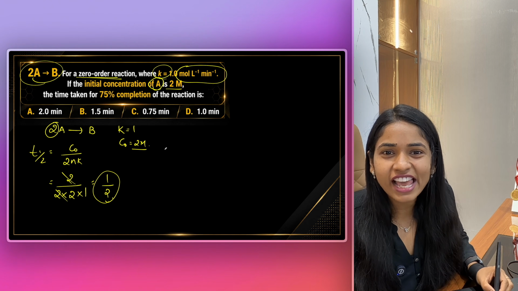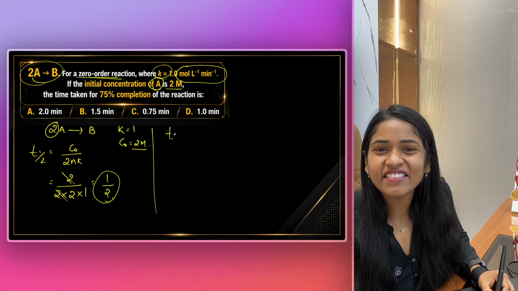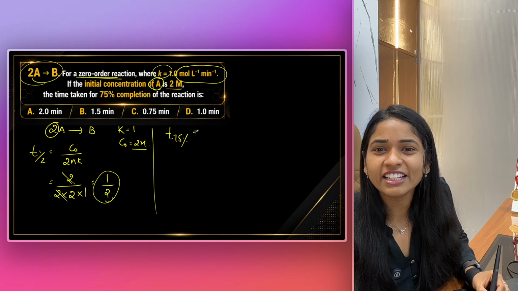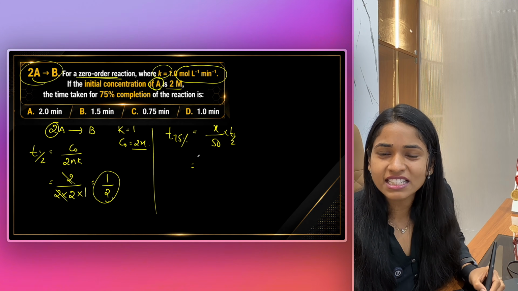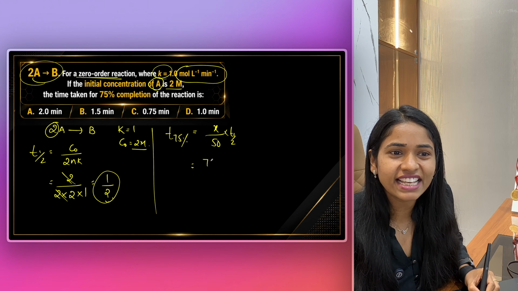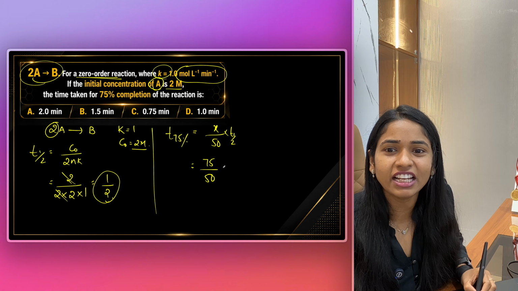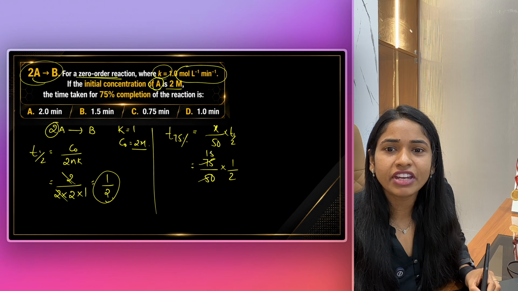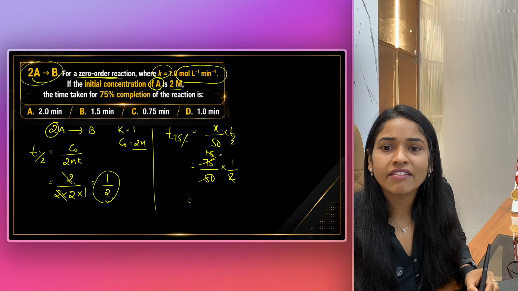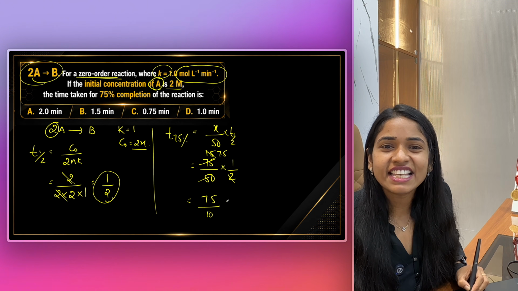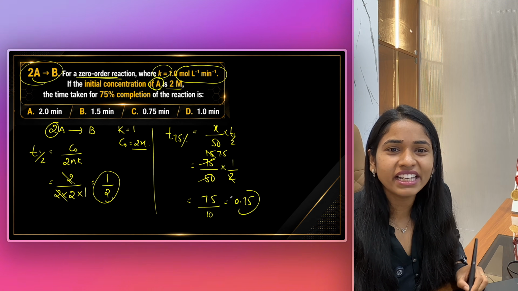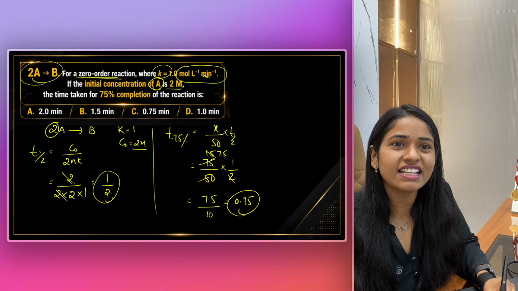If you know half-life, can you tell me T 75%? What is the formula I told you? X by 50 into T half. Directly I can write 1.5, but still I am substituting: 75 by 50 into T half, which is 1 by 2. 5 ones are 15, 2 7s are 7.5. 7.5 by 10 is 0.75 minute, because the unit here is minute.